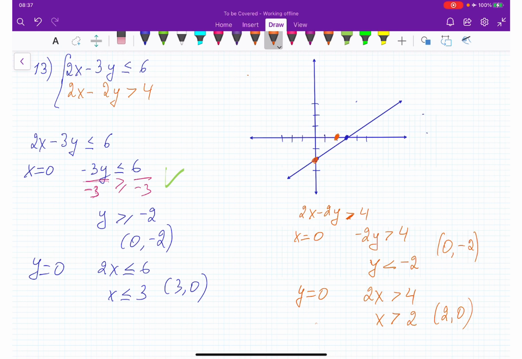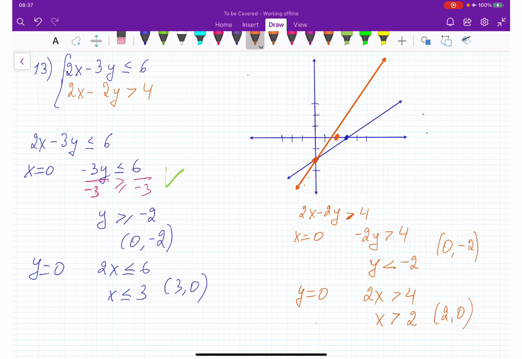There. So the graph is going to look like, let me see, it didn't go well. Okay. I would like to make it thicker. Okay, much better.